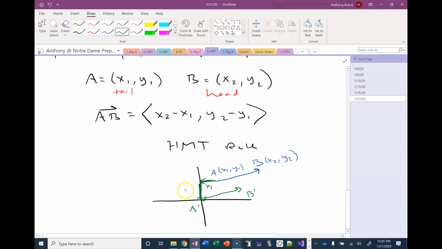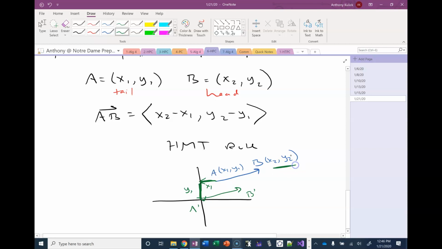And how much would I have to move it down? y1. Everybody agree with that? So if I translate A to the left x1 and down y1, its new location would be at 0, 0.